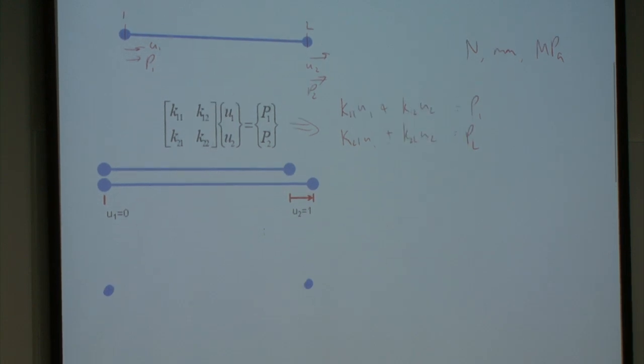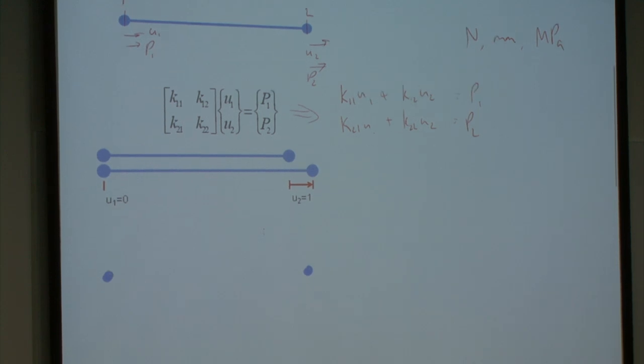If we fix U1 at 0 displacement and we move U2 by displacement of 1, then what does that do to our equations? Well, U1 is 0, so this goes to 0 and this goes to 0. So we end up saying K11 times 0 plus K12 times 1 equals P1, and K21 times 0 plus K22 times 1 equals P2.